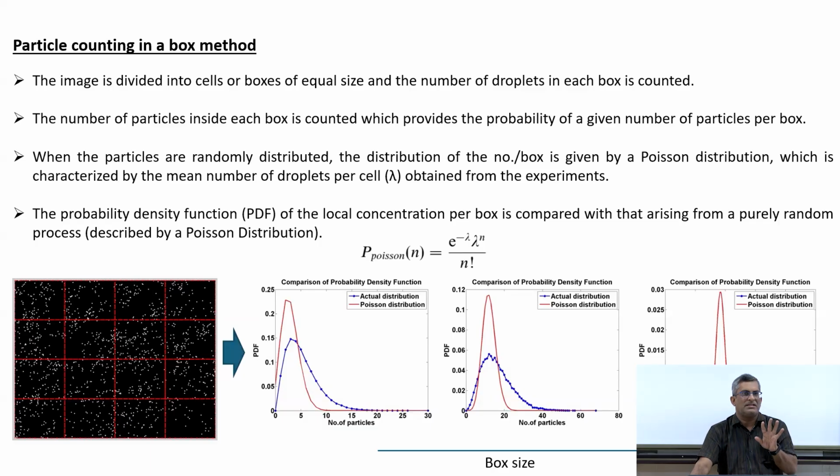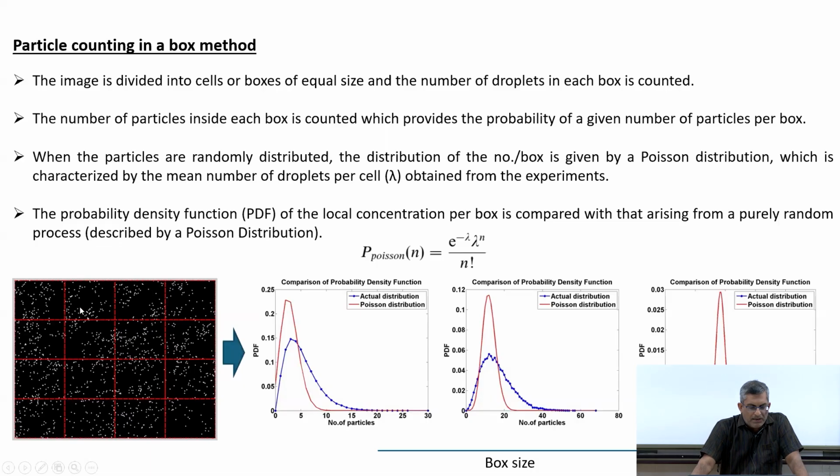We do this analysis for individual images, because here the first objective is to characterize the size of the particle clusters. So, you consider one image and then you divide this into a number of boxes, and the dimensions of all the boxes are the same.